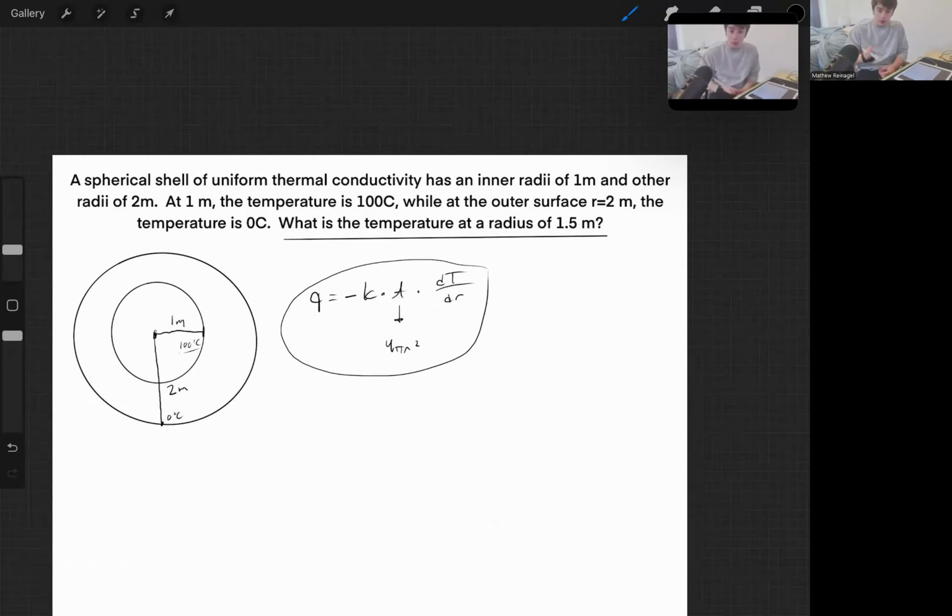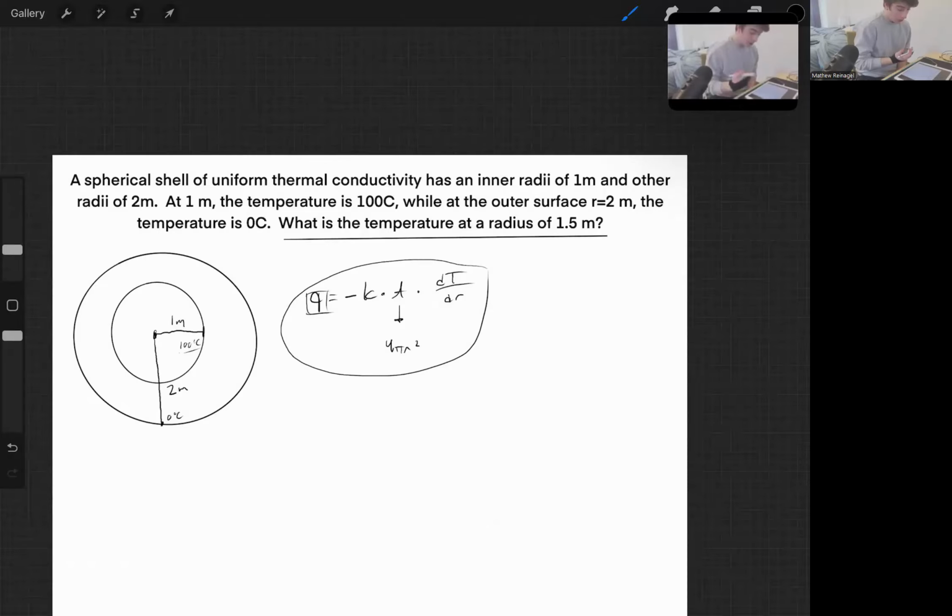We're trying to find some relation of Q to other temperatures in between the first radius and the second radius. So what we're going to do is set up a separable equation and integration to find Q and its relation between the inner and outer radius.